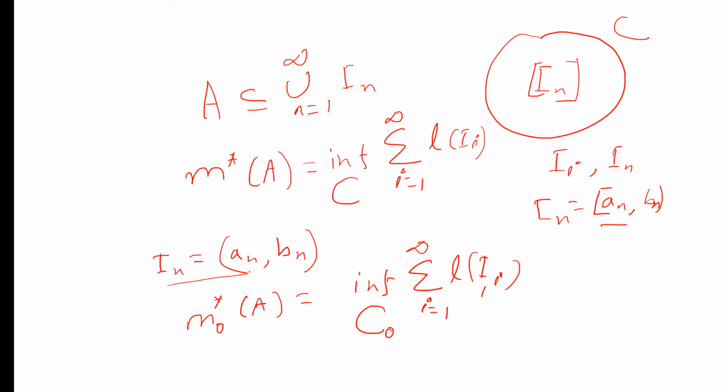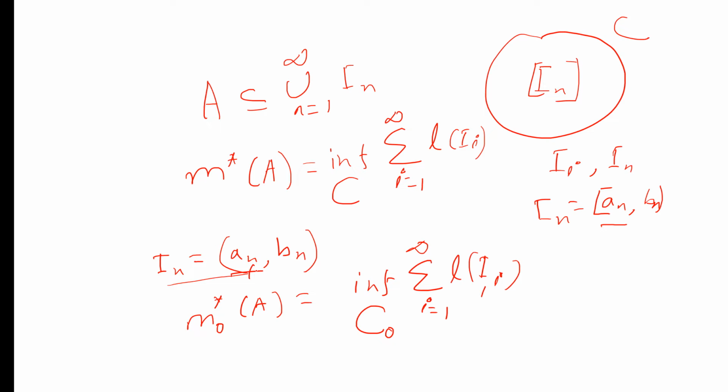So the collection consists of covers, the cover consists of intervals, and the interval is an open interval. If the definition changes in this form, you will get another outer measure. So what is the relationship between the outer measure originally defined and the outer measure in the new setup, with the new cover, the new interval? Are they equal or not equal? The answer is they are equal.